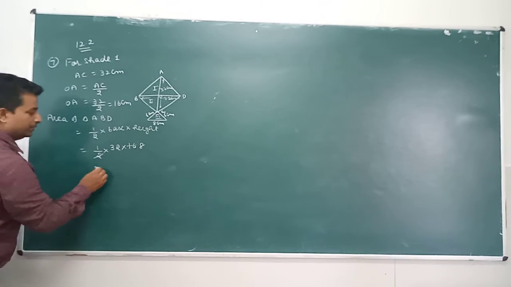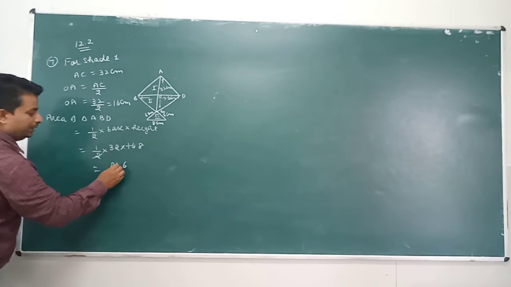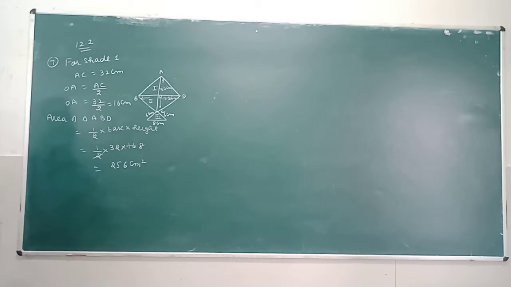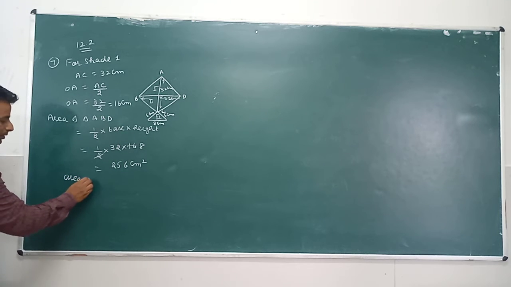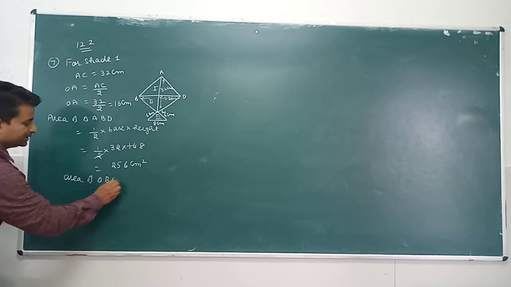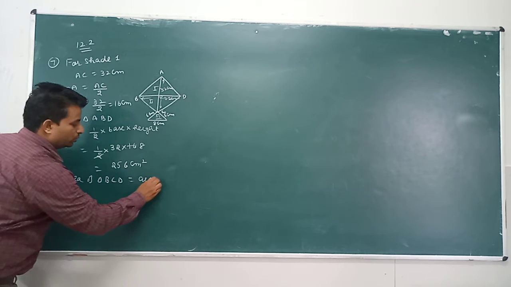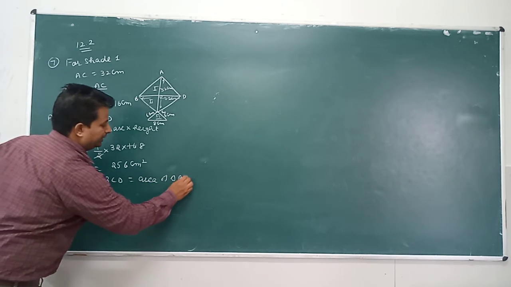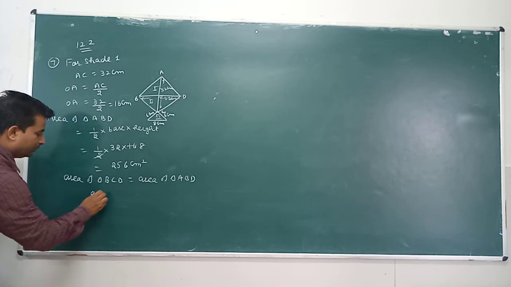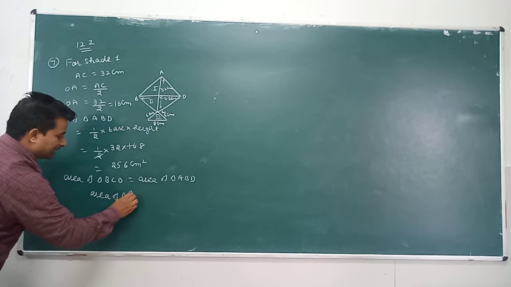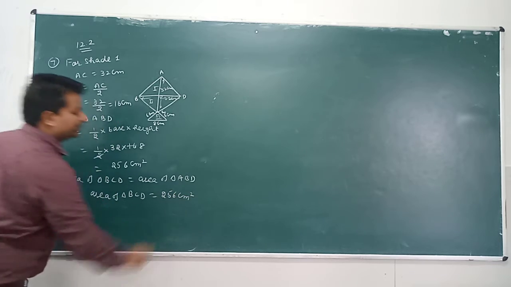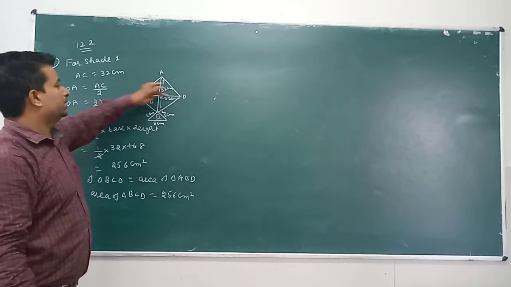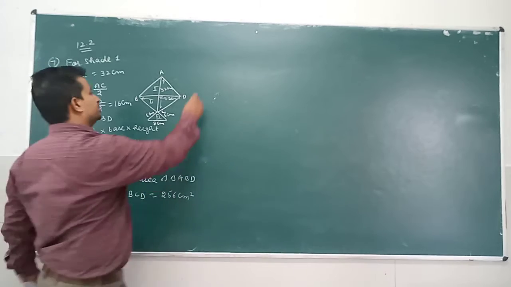So this cancels out, and 16 into 16 gives 256 square centimeters. Area of triangle BCD is equal to area of triangle ABD, so the area of the second shade is also 256 square centimeters, because these two triangles are congruent.